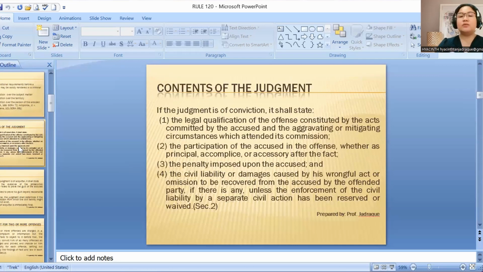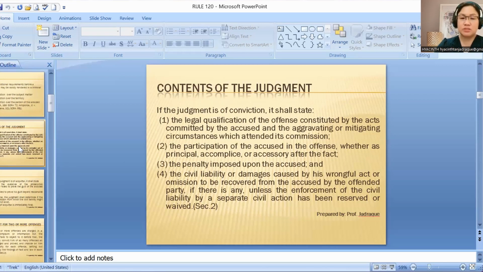Okay, to reiterate, what are the contents of a judgment? The legal qualification of the offense constituted by the acts committed by the accused, and the aggravating or mitigating circumstances which attended its commission.